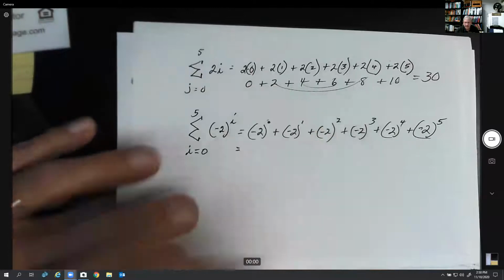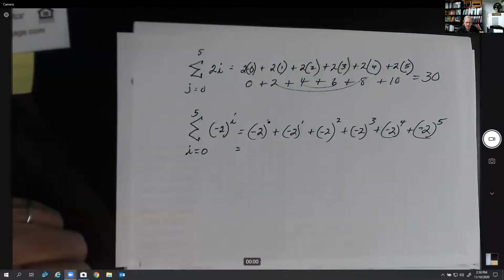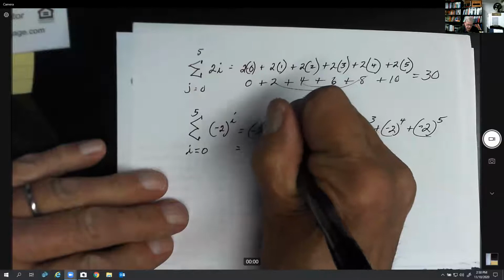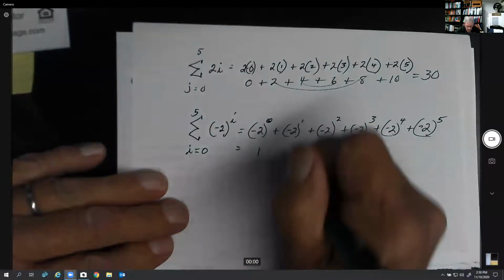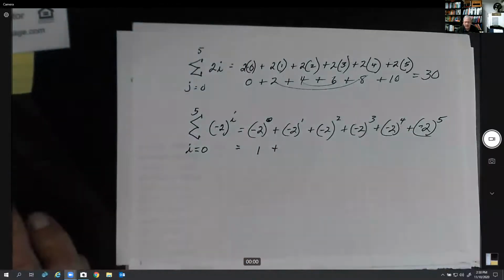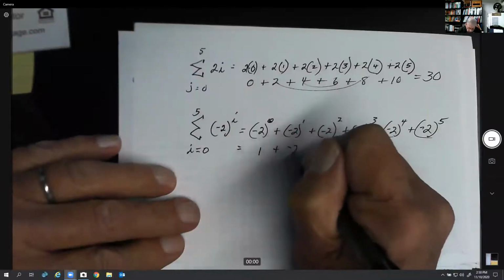So what is -2 to the 0 power? What is anything to the 0 power? 1. What's -2 to the 1 power? It's itself, -2.